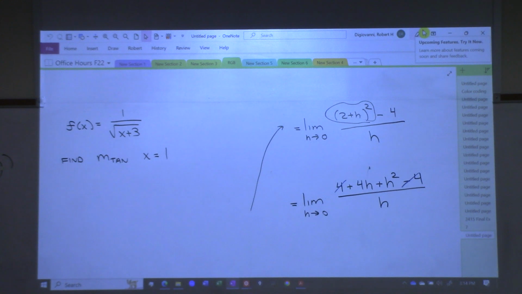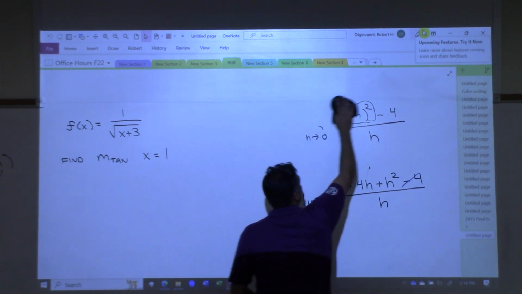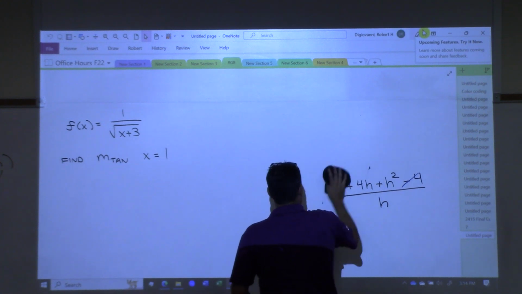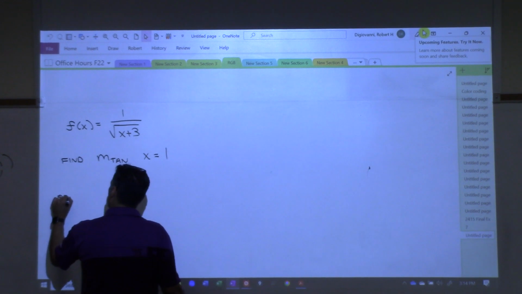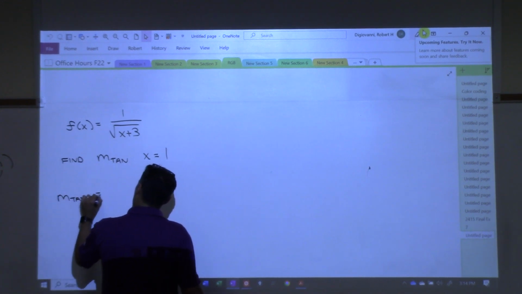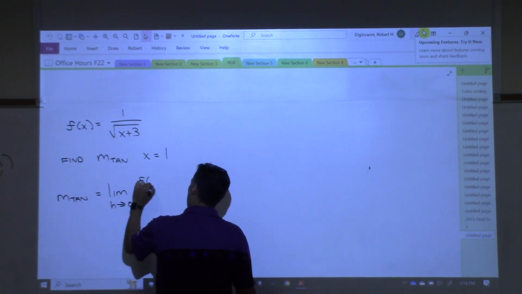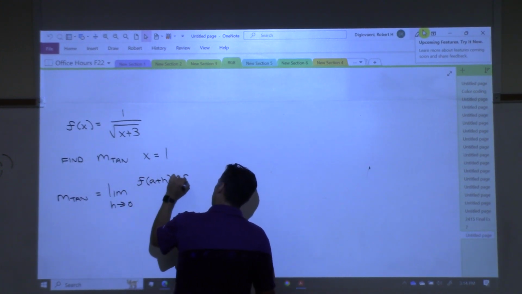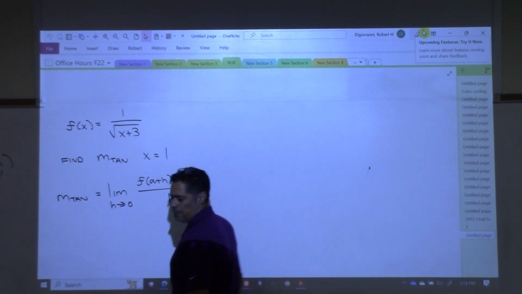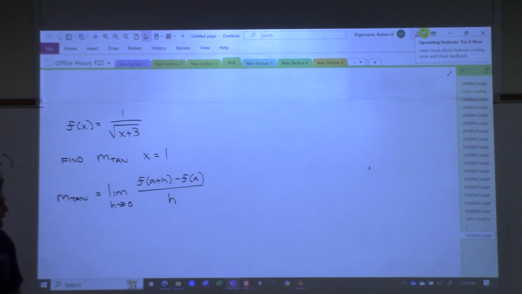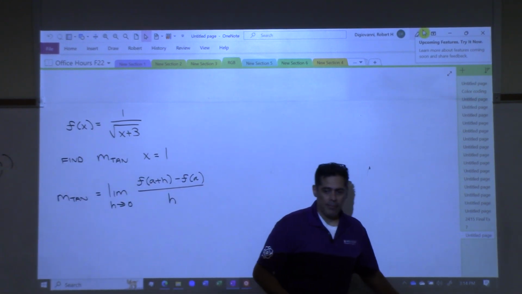Okay, let's use the second definition for this. So the second definition is the slope of the tangent line should be equal to the limit as h goes to 0. I'm just writing the definition out. f of a plus h minus f of a all over h. That's just the definition, right?